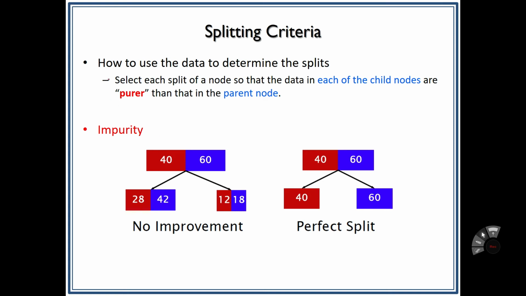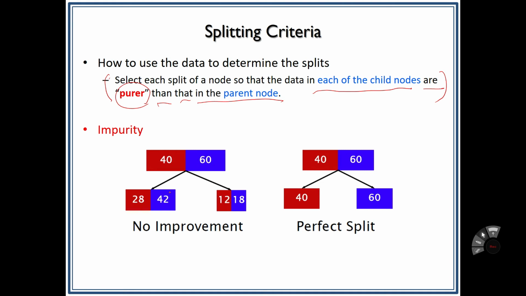This is a qualitative criterion that selects each split of a node so that the data in each of the child nodes are purer than in the parent node. Once we split the data into two parts, the purity should be increased by splitting.